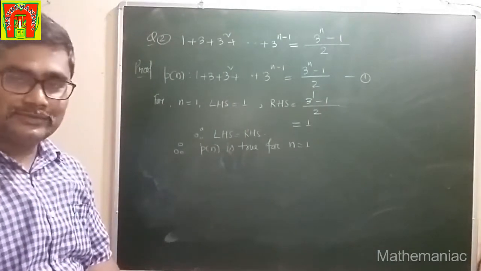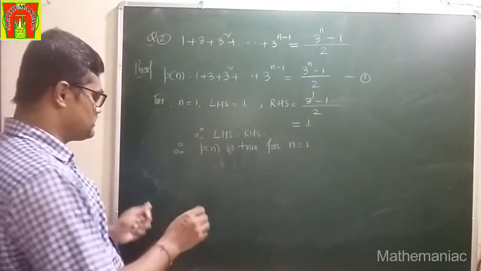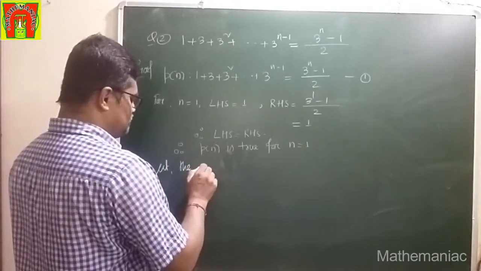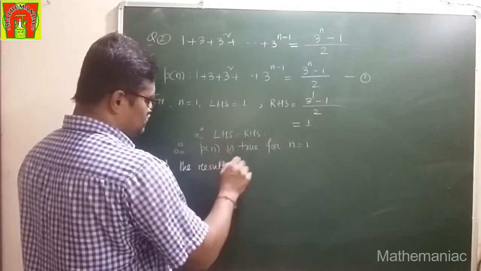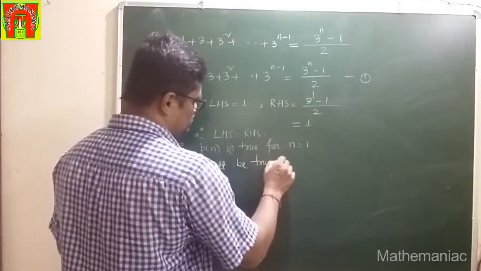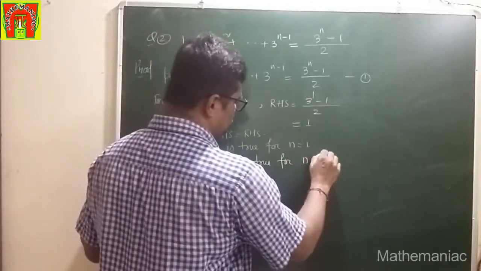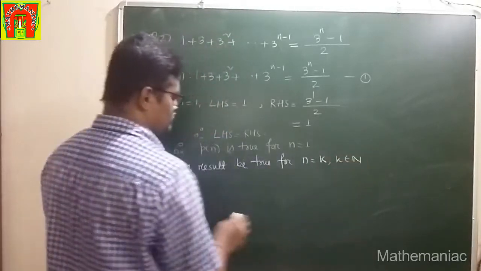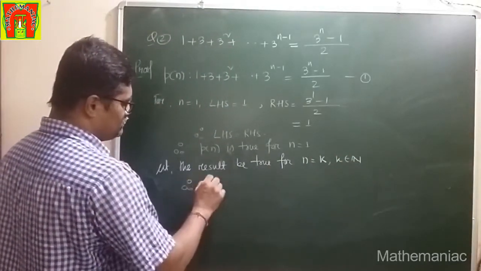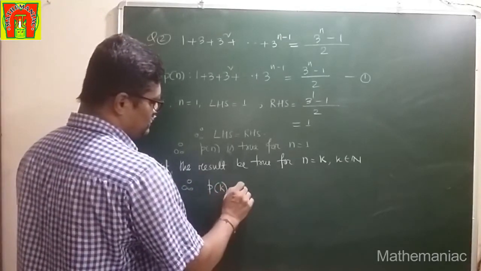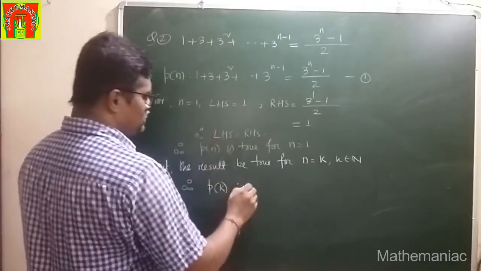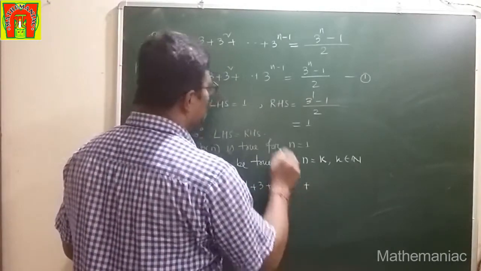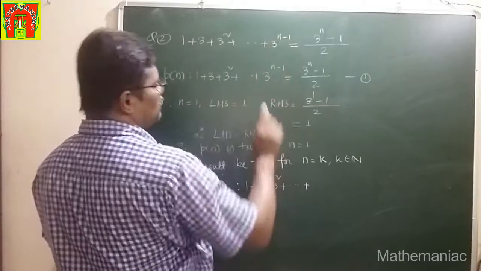Now we have to go for the supposition step, right? Supposition step. So let the result be true for n equal to k, k belongs to some integer. Therefore, what you will be getting? Pk will be 1 plus 3 square. Once it is n, you run up to n minus 1.